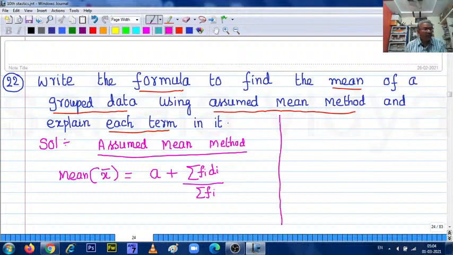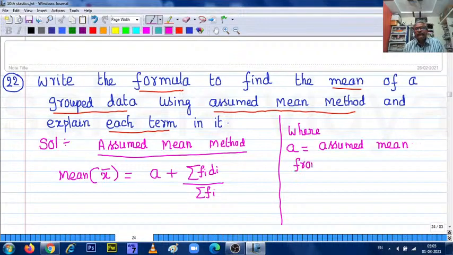Next, we mention where a stands for the assumed mean, taken from the mid values of the class intervals.